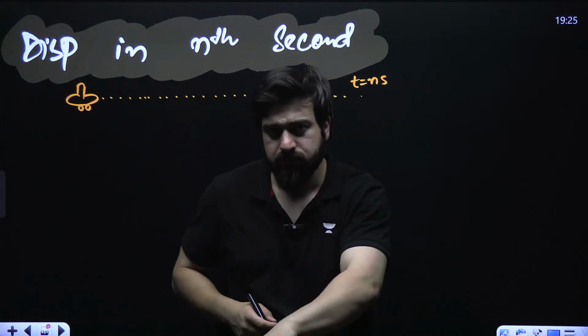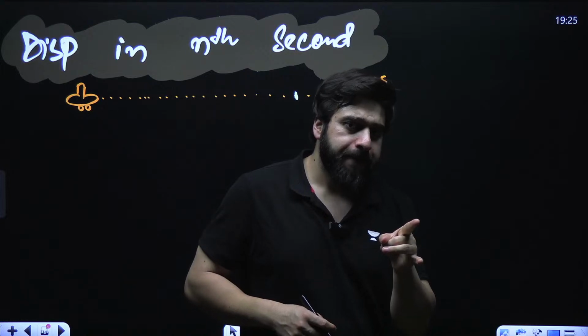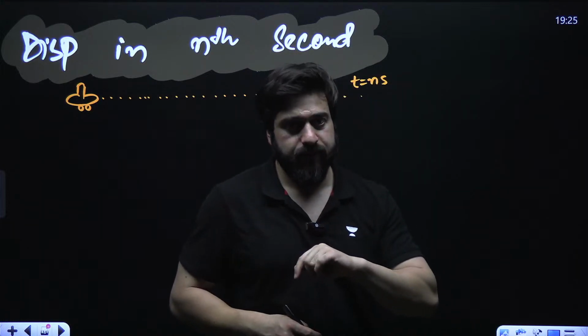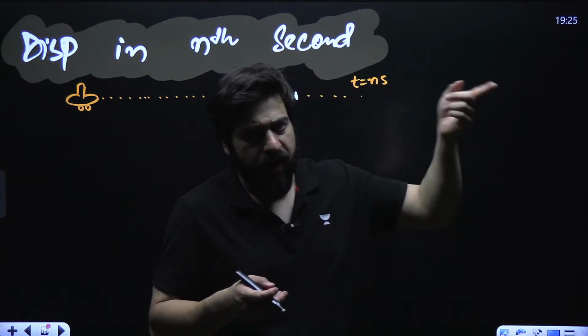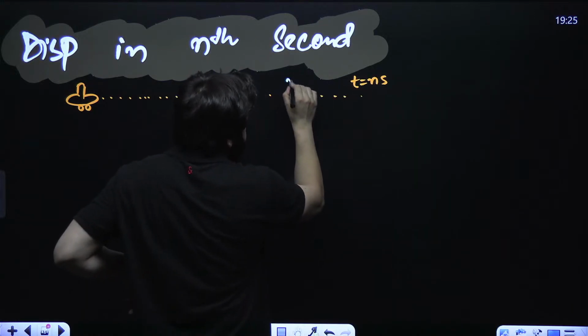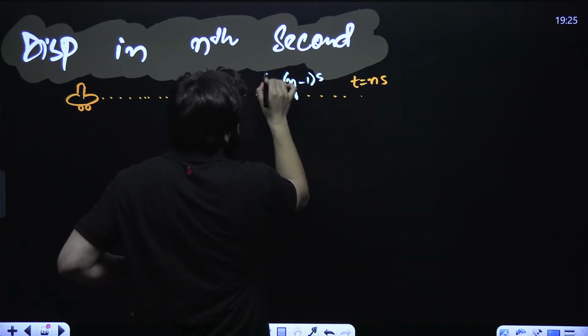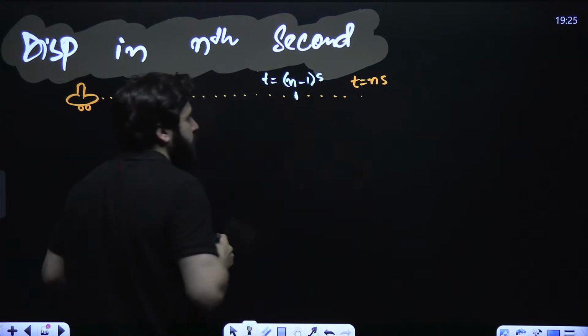N minus 1. If I say n is equal to 10 seconds, what is the second last second? You say, sir, 10 seconds, and before that will be 9 seconds. If it is n seconds, it will be n minus 1 seconds.